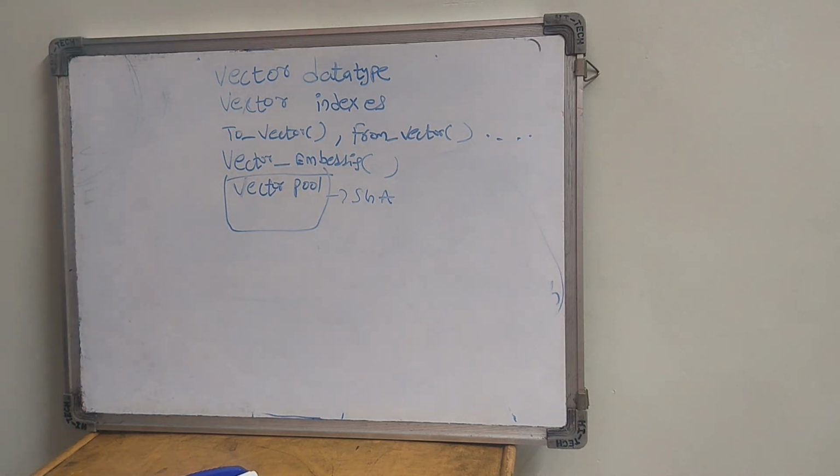So, what is the purpose of this pool? The vector pool is a pool used to create indexes. To create any index, you need to configure this vector pool.